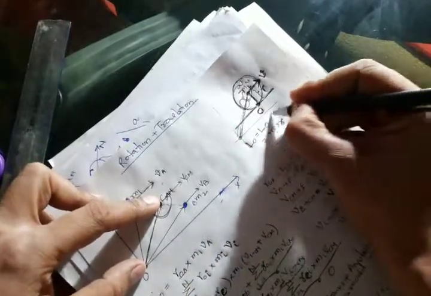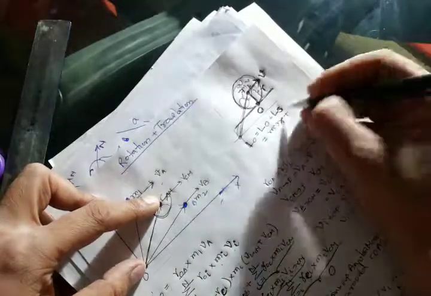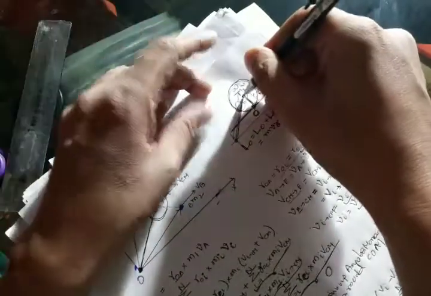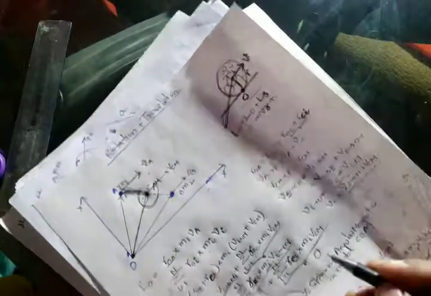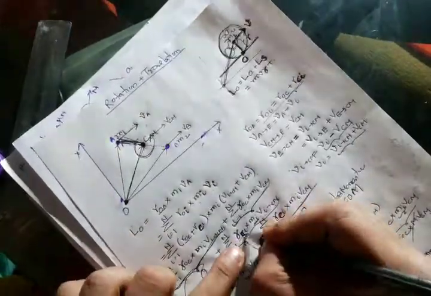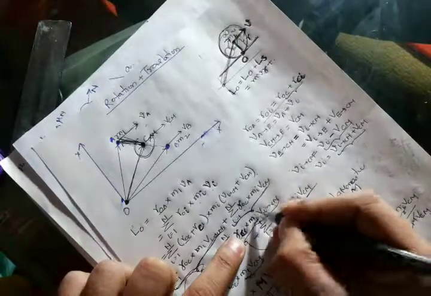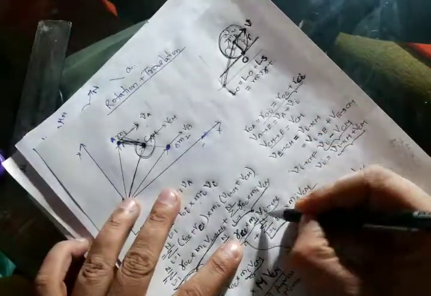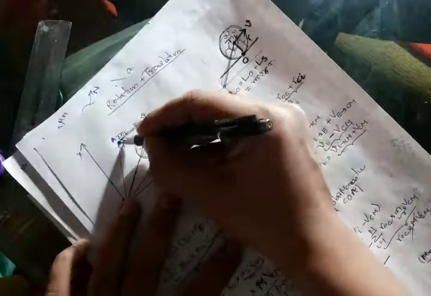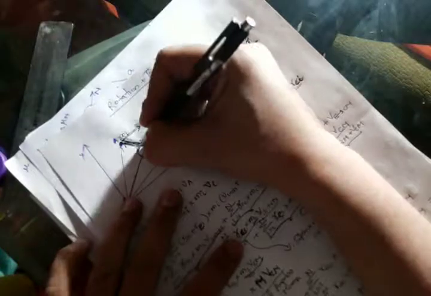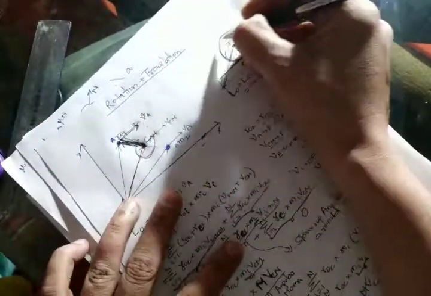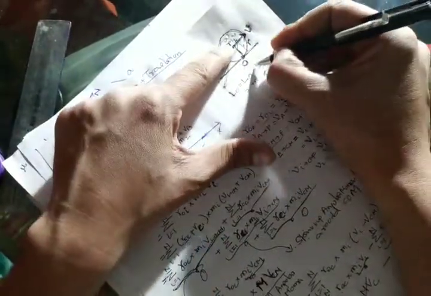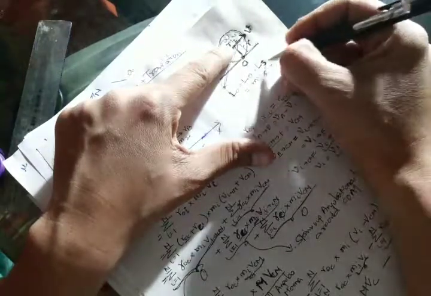And the spinning angular momentum will be around the center of mass, because we calculated here that the spinning angular momentum is R_CI, m_i and the velocity of i with respect to CM. R_CI is the distance with respect to the center of mass. So that is the spinning angular momentum.